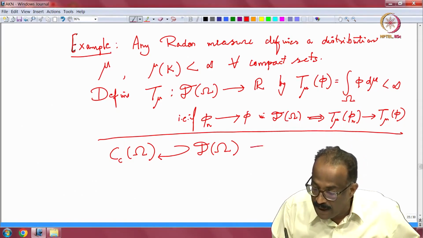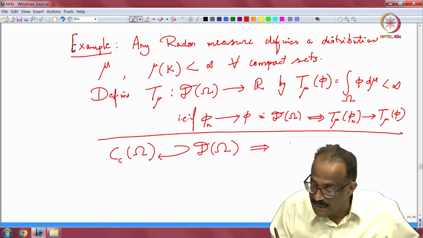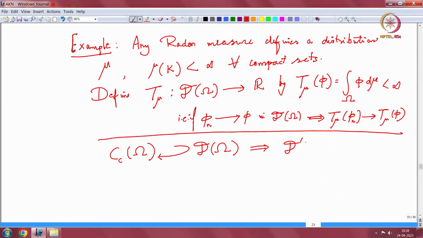With that, you can see that D prime of Omega contains C_c prime of Omega. In other words, this is precisely the class of measures.